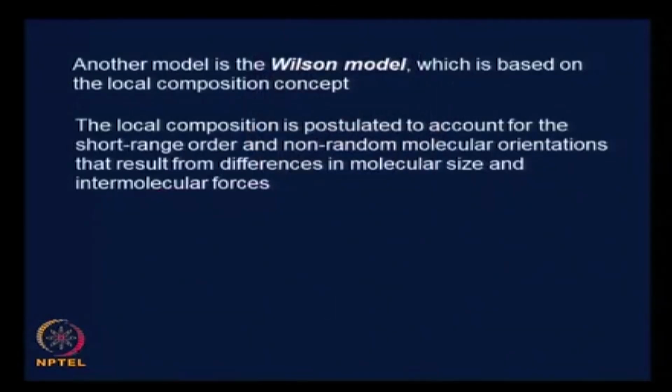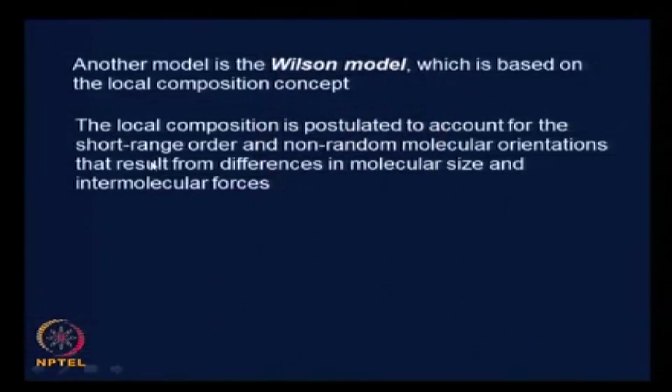The local composition is postulated to account for the short range order and the non-random molecular orientations, if you can imagine that, that is fine, if you do not, that is also fine, that result from differences in molecular size and intermolecular forces. This is the general basis for the Wilson model.